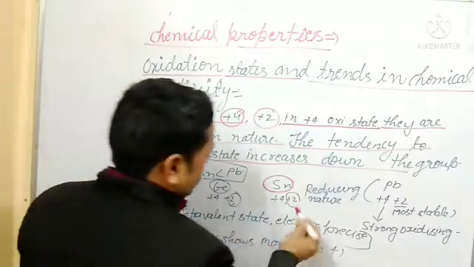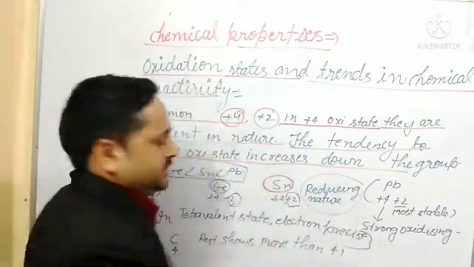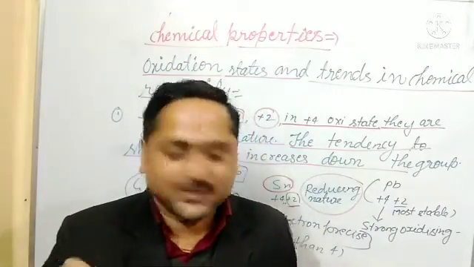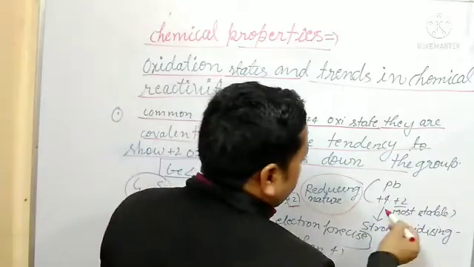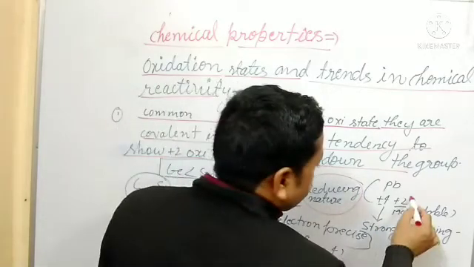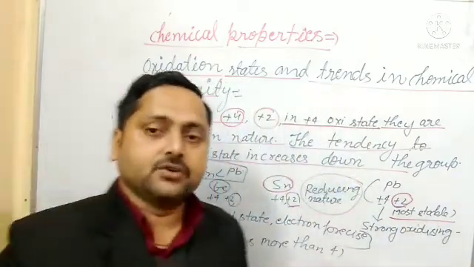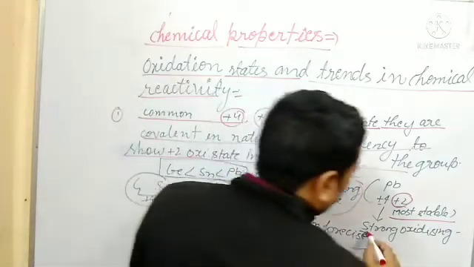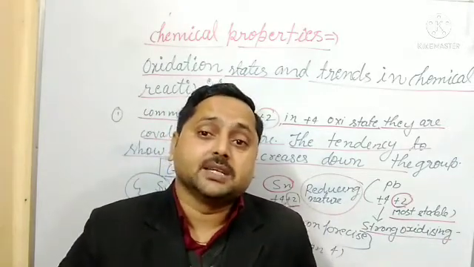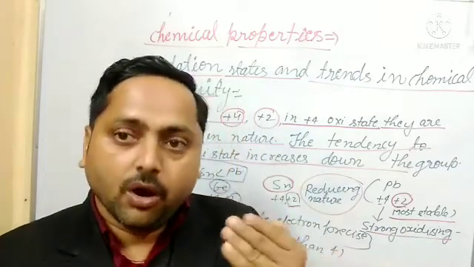But in the +2 state it acts as a strong reducing agent. And lead also shows +2 and +4 oxidation states, but it is most stable in the +2 oxidation state, and in the +4 oxidation state it acts as a strong oxidizing agent. It has the tendency to reduce itself, so it acts as a strong oxidizing agent.